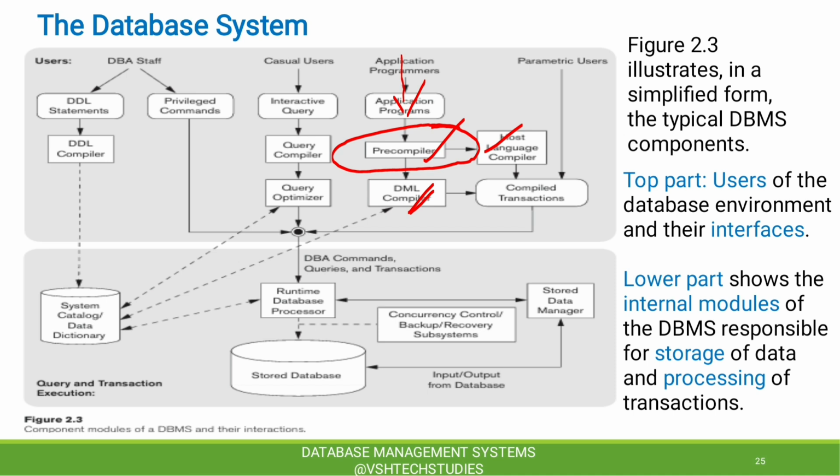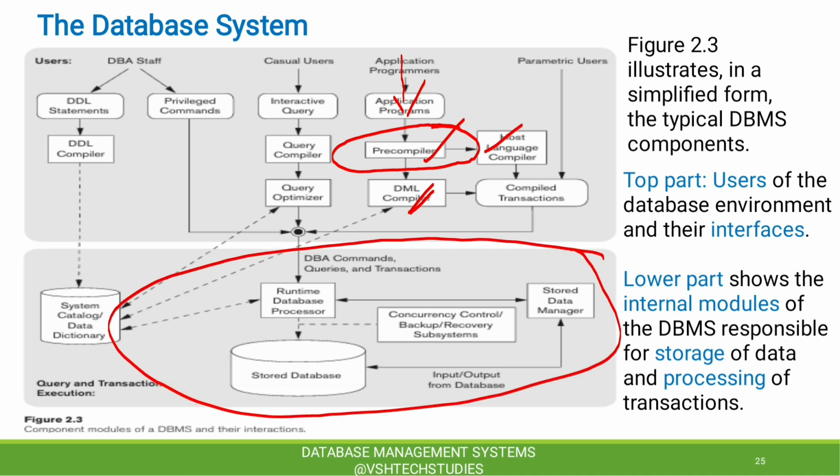So in the lower part we have the runtime database processor. It actually executes the compiled query. For that it will take the help of metadata and the stored data manager. It will be accessing the data from the database and executing the query with the help of metadata and the stored data manager.